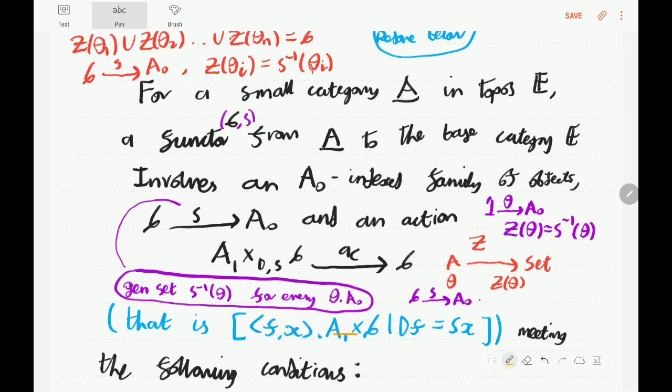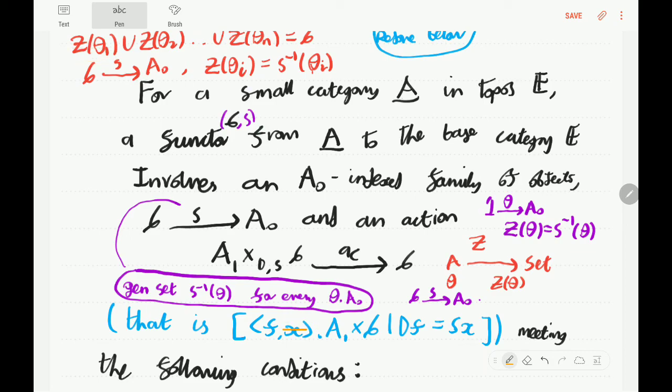whenever we have an arrow f, which is an arrow of the small category A, and we have this x, which is like a member of one of these Z theta I's.